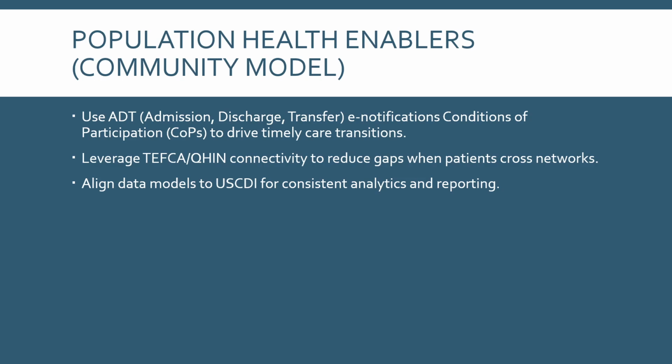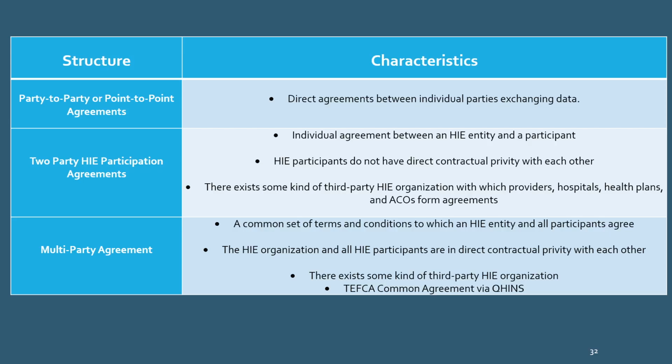That has been a challenge, no? And they try to close that gap. Then we can think that there are different ways to structure this. You have party-to-party or point-to-point agreements. You have two-party health information participation agreements.